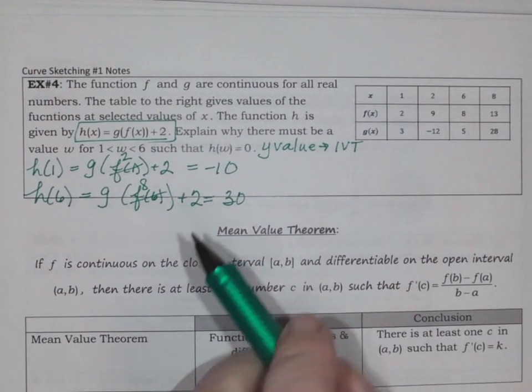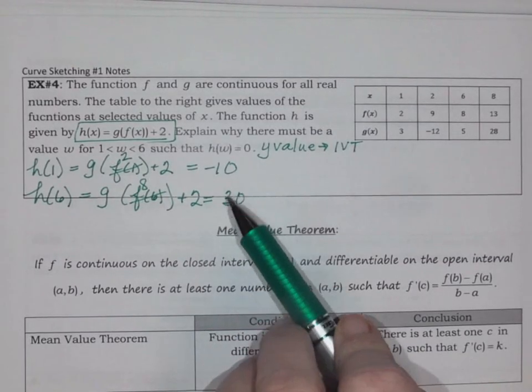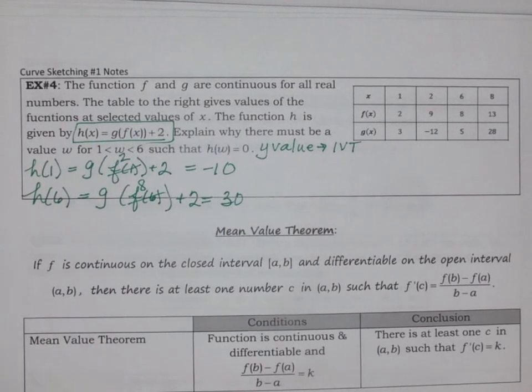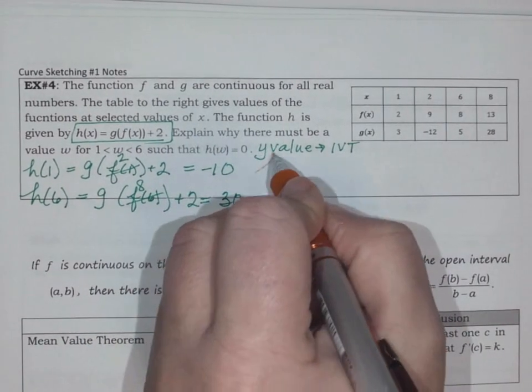So again, notice that I've got one y value that's below 0 and one y value that's above. So it says explain why there must be a value. So we start our sentence.